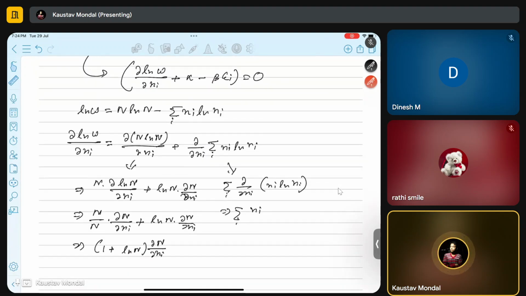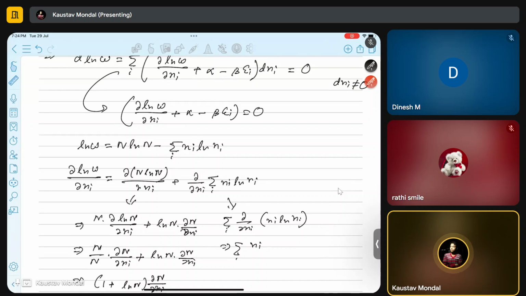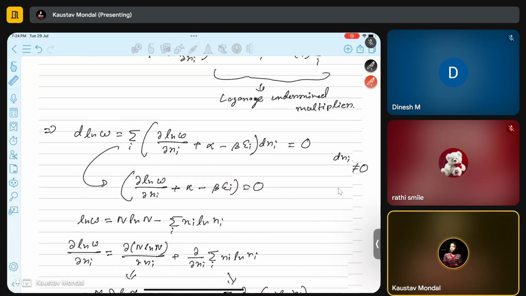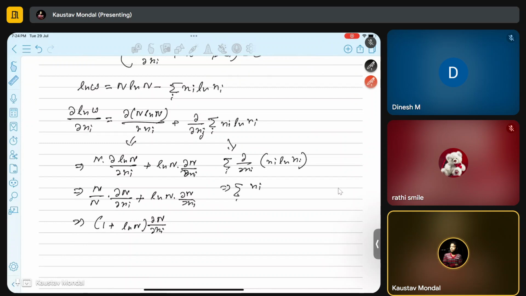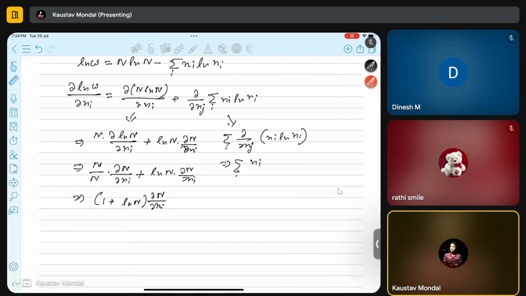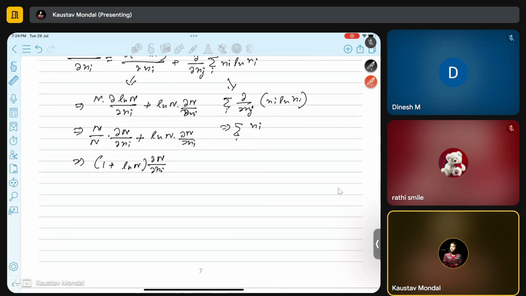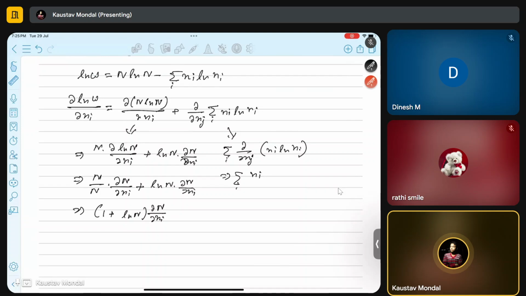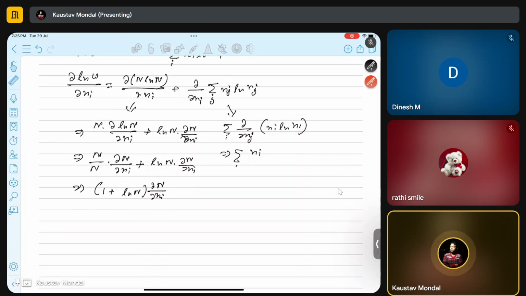Here, if I am using i, I can write it as j, because this is outside the summation, right? So I can write this one as ni, and this one as j. The summation is over j now, just to distinguish the two summations.